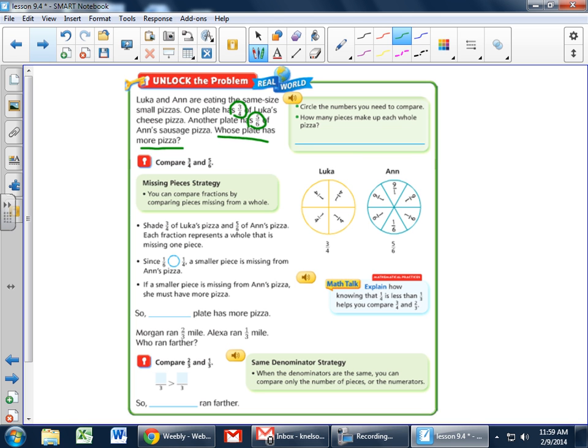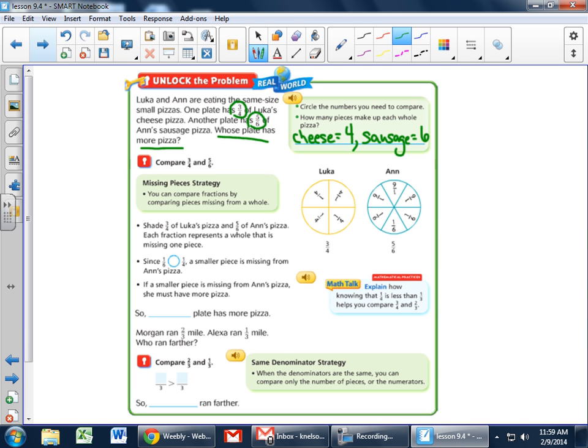How many pieces make up each pizza? If we look at the cheese pizza, your denominator tells you the total number of pieces, so the cheese pizza is split into 4 pieces. And if we look at the sausage pizza, your denominator tells you how many total pieces there are, and it's 5/6, so it's 6 pieces.